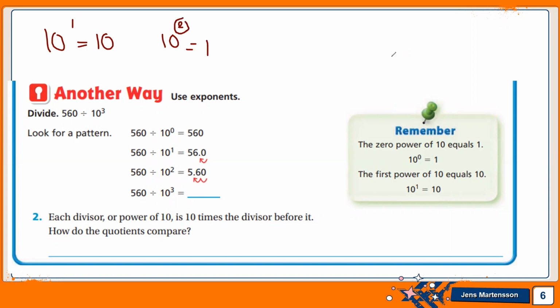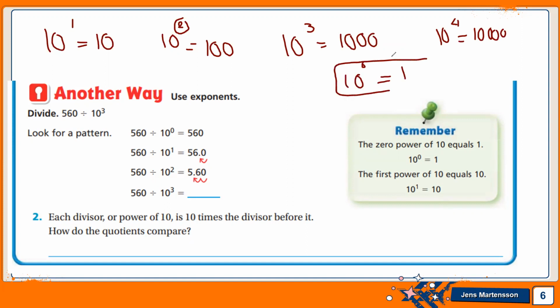What is the number that's written up? It's 2. Is it right? So it means I have to add 2 zeros. If I have 10 to the power of 3, how many zeros should I add? 3 zeros. 10 to the power of 4 means 4 zeros. And 10 to the power of 0 is 1. Okay? 10 to the power of 0 is 1.